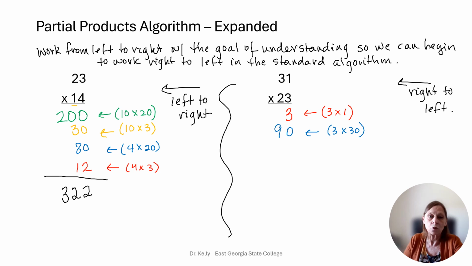We're going to pick up the 20. So now it's going to be 20 times 1 is 20. And finally, we'll say 20 times 30 is 600. And that is our 20 times 30.